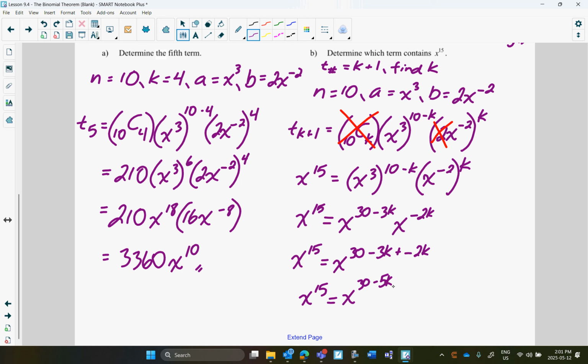Finally, remember, we're trying to solve for k, right? So can't I cancel those out? And I'm left with 15 equals 30 minus 5k. We need to solve that.